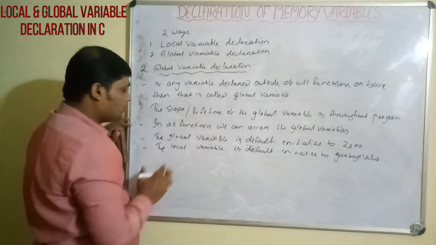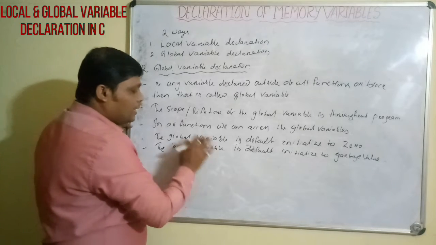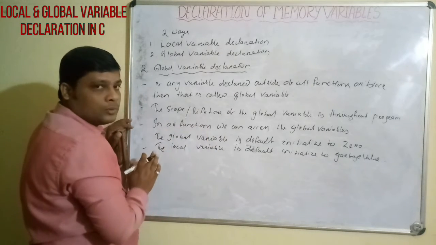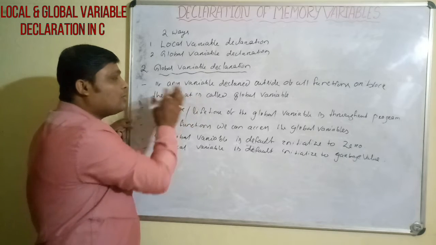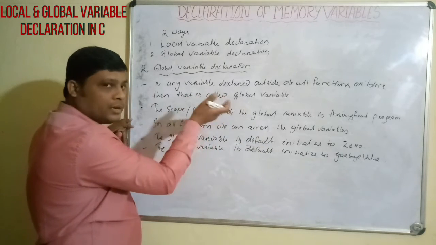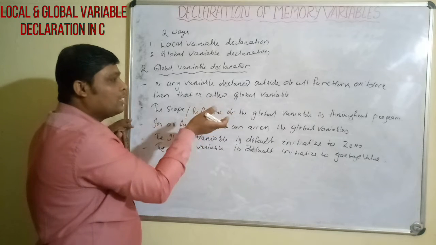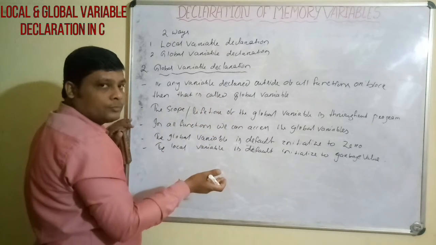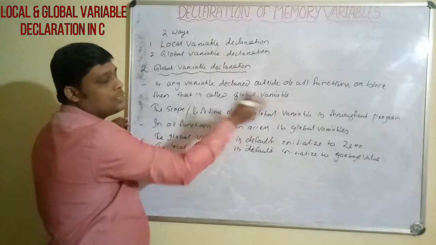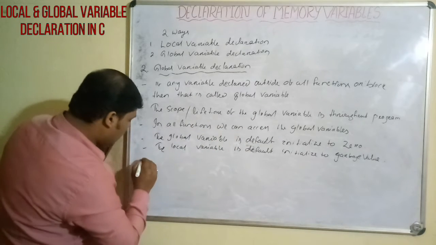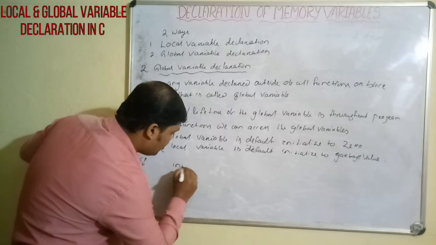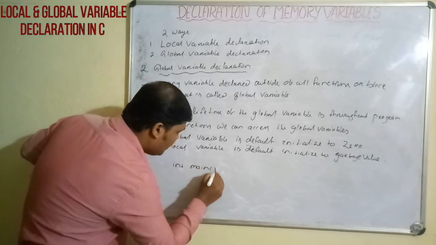What does it mean? That means if I will not initialize the global variable, if I only declare the global variable, if I am not putting or giving any value to the variable at the time of declaration, then by default it will take as 0. Just take one example. Suppose this is my main function. Clear?